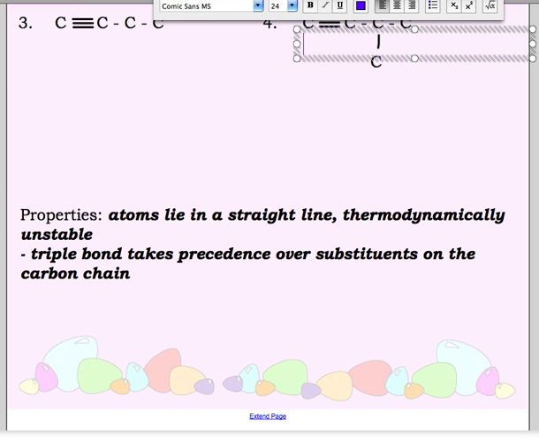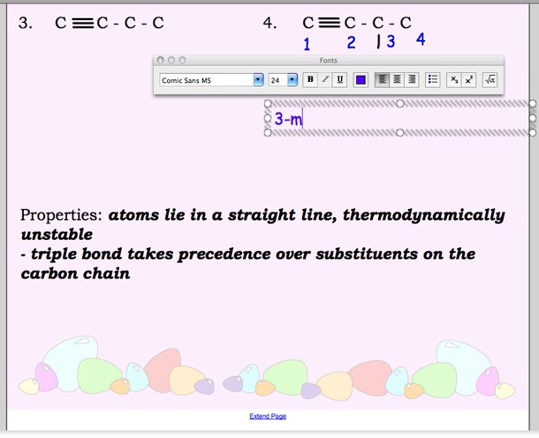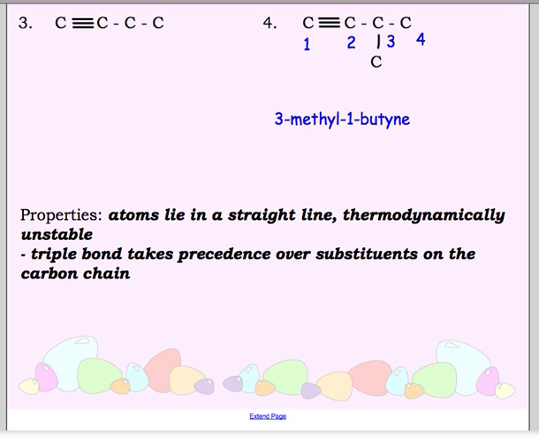So this is our number 1 carbon, this is our number 2, and so on and so forth. And when we number this, what we end up having is a 3-methyl-1-butyne. So we didn't do very many alkynes because they're so exactly the same as the alkenes.